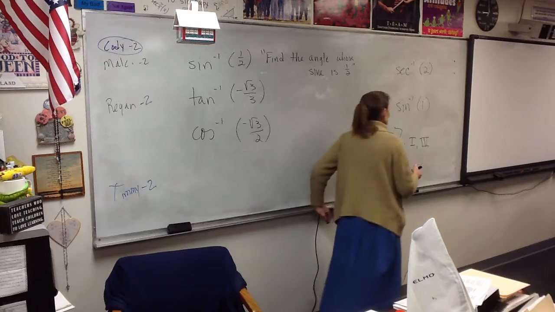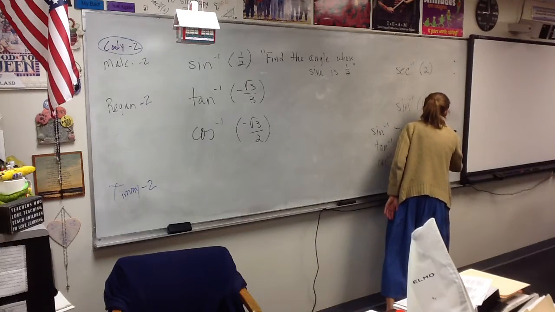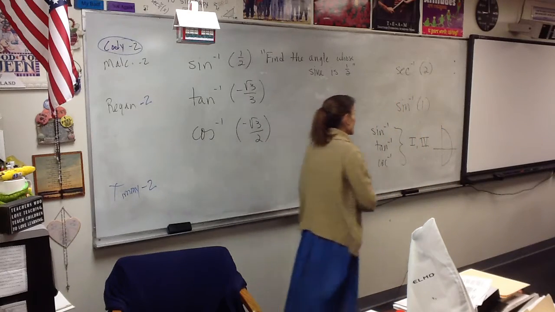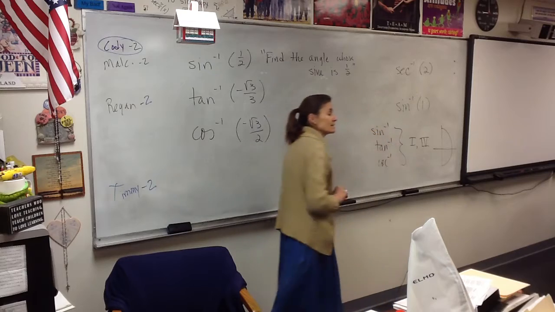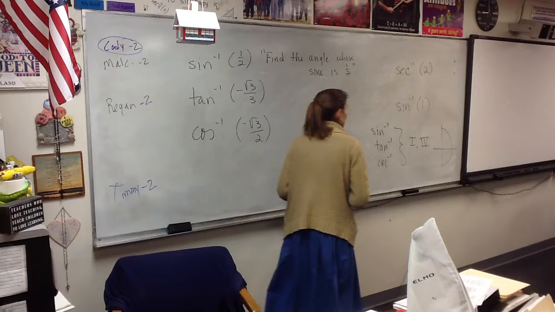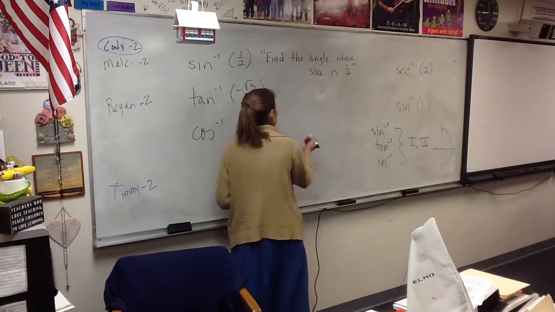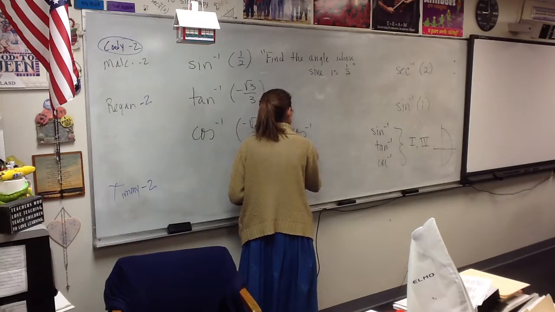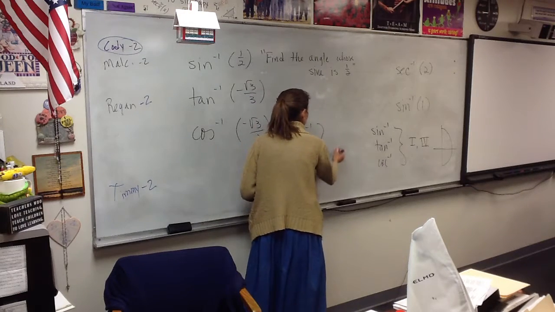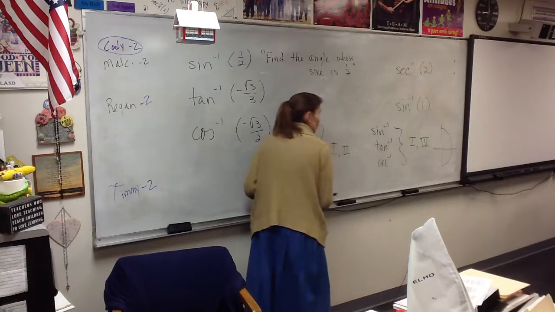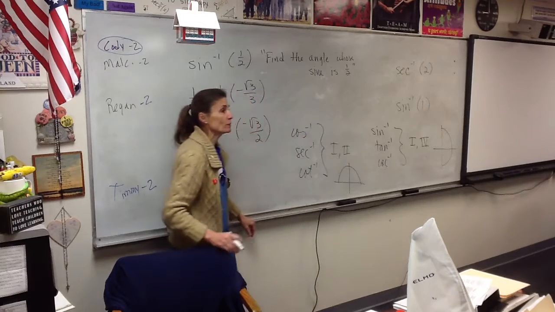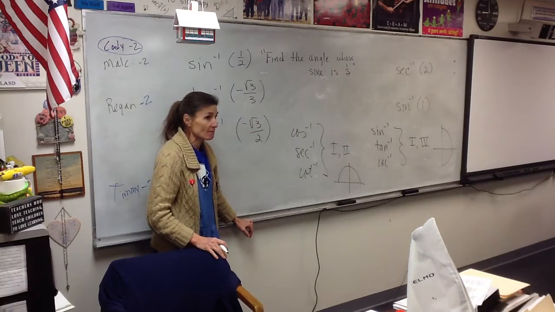I personally refer to these as right side functions, because they only occur on the right side of the circle. If you are looking at any of the others, so that would be cosine, secant, and cotangent, then you will look in quadrants 1 and 2. I call them top half functions because we only look for them in the top half of the circle.